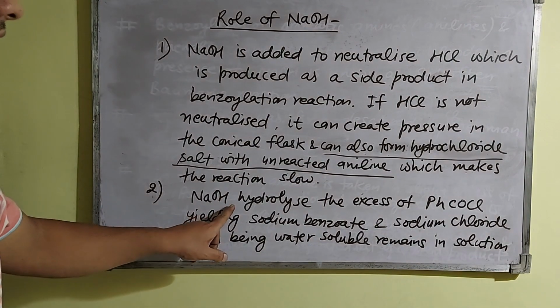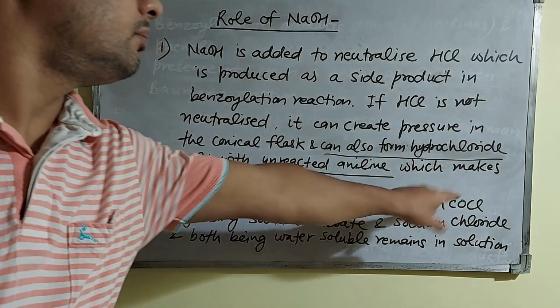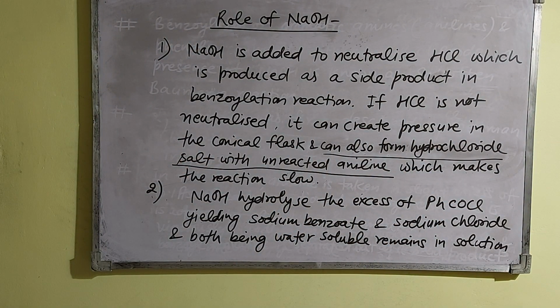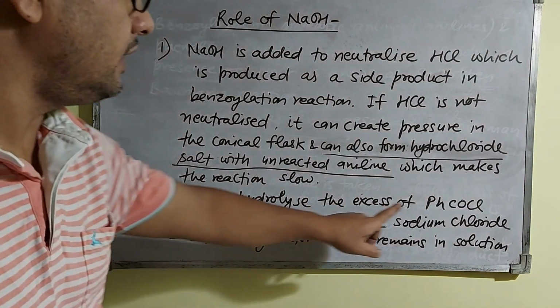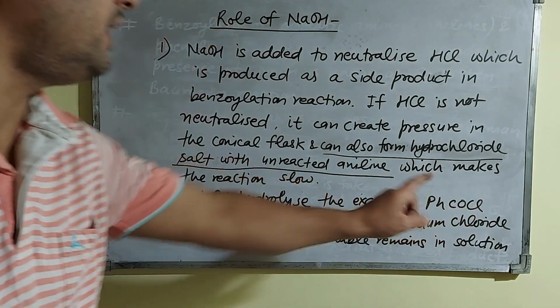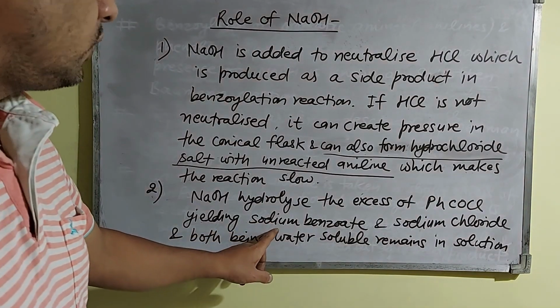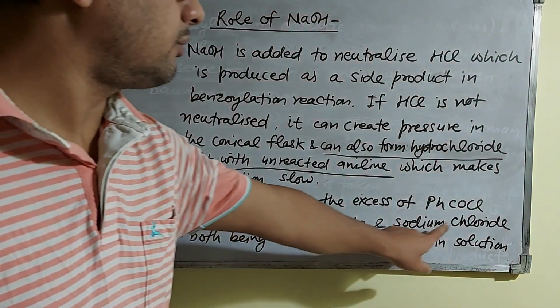Second point, NaOH hydrolyzes the excess of benzyl chloride, which I have already told you is taken in slight excess amount. So NaOH will hydrolyze excess benzyl chloride which has not reacted with aniline, and will give sodium benzoate and sodium chloride.